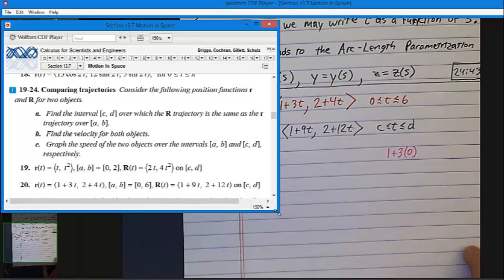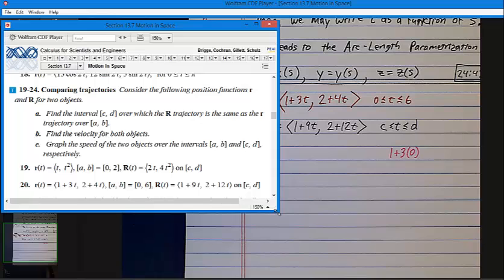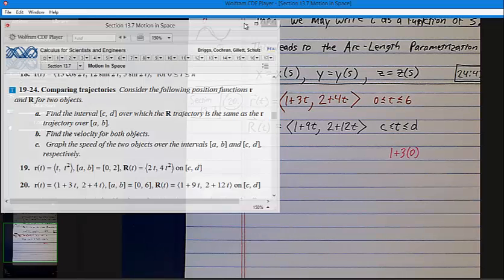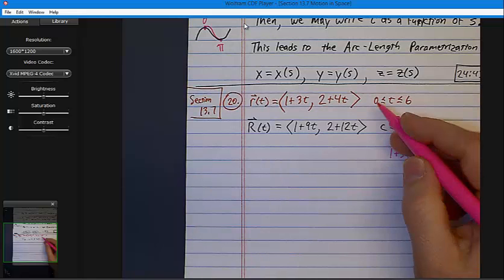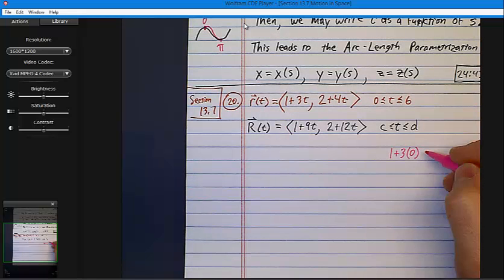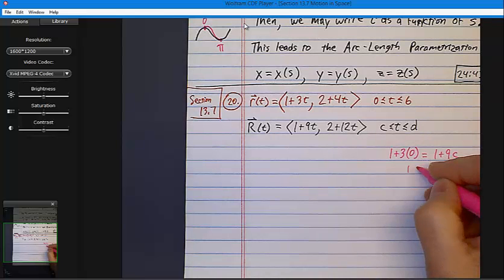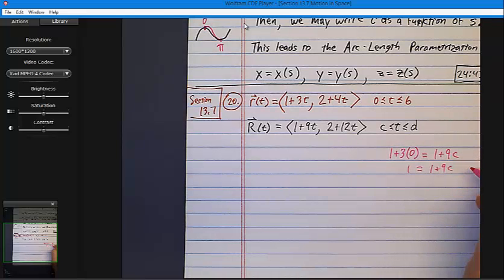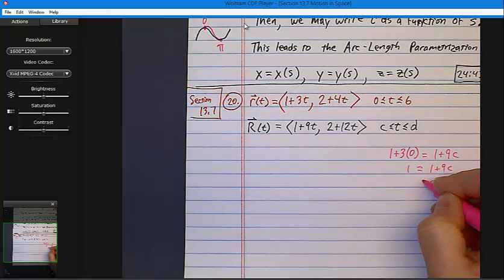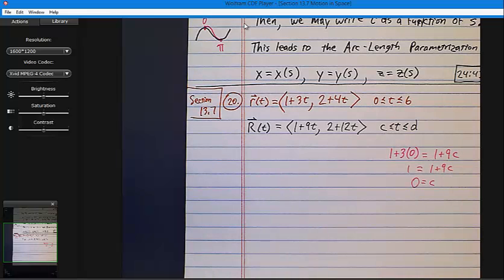Let me go ahead and do a little work over here. We want 1 plus 3 times 0 to be equal to 1 plus 9 times c, right? So if I solve, I guess I want c to equal 0.